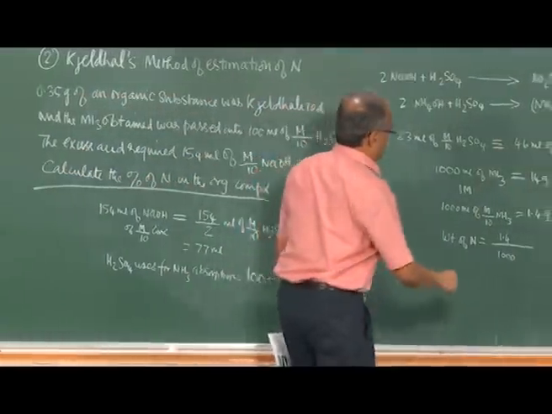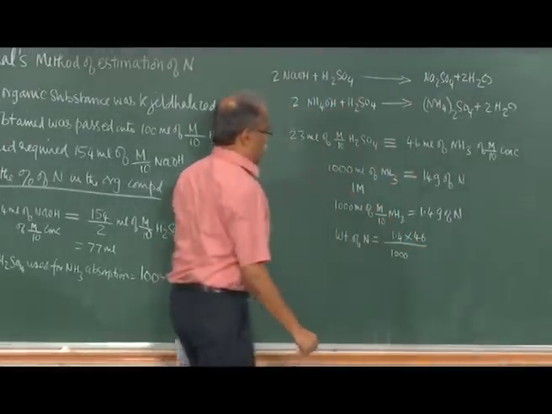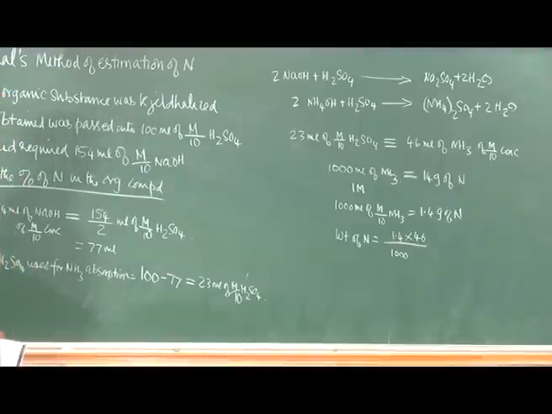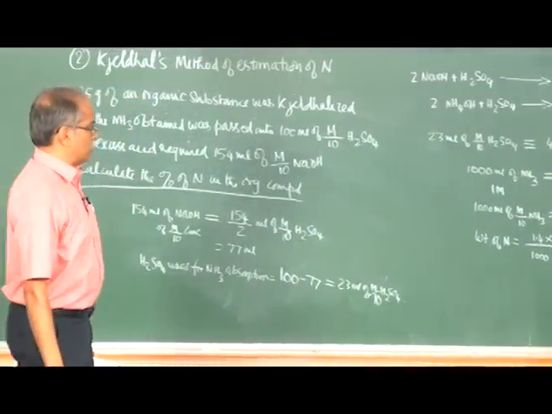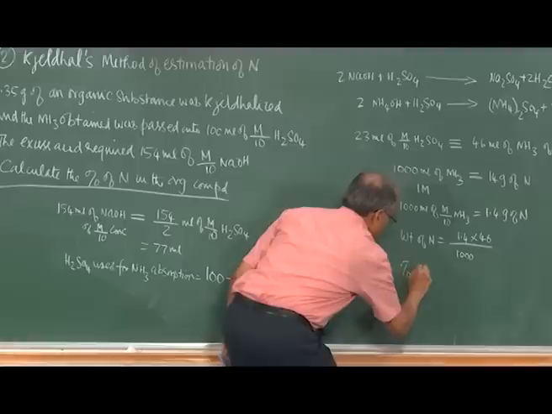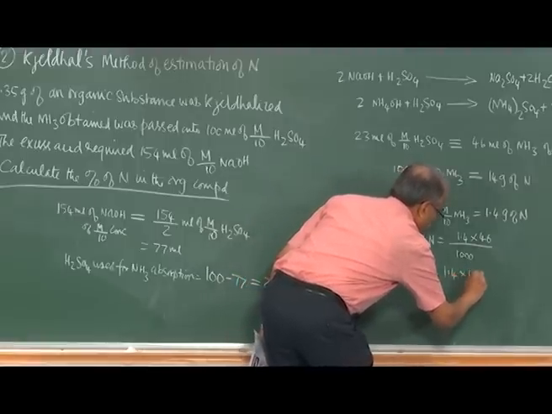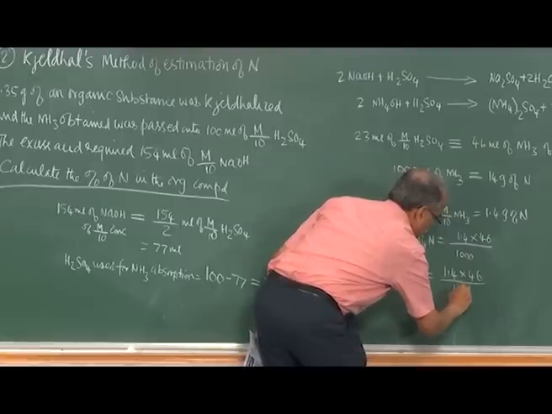So, how much nitrogen will be present in the 46 milliliters of the solution that is used for the neutralization purposes? The percentage nitrogen will be equal to 1.4 times 46 divided by 1000.